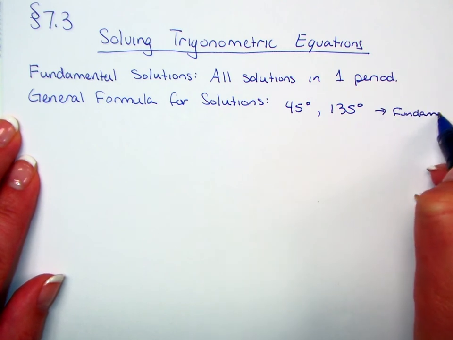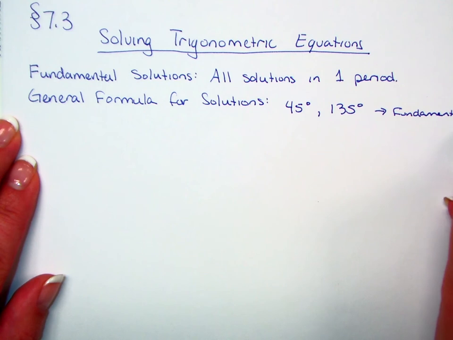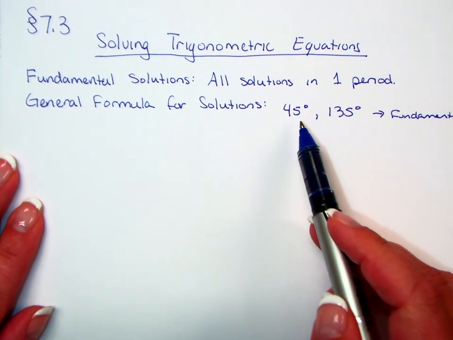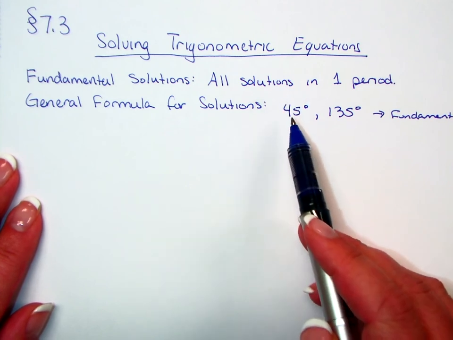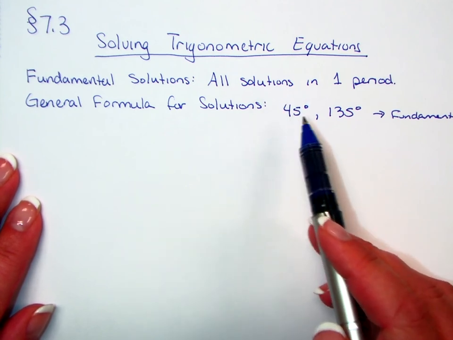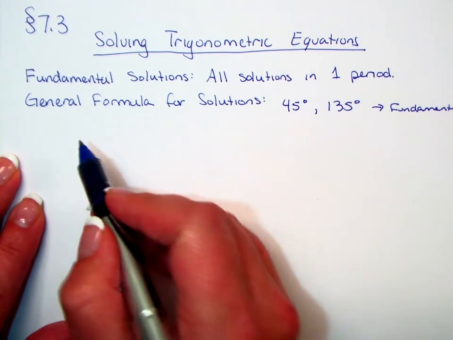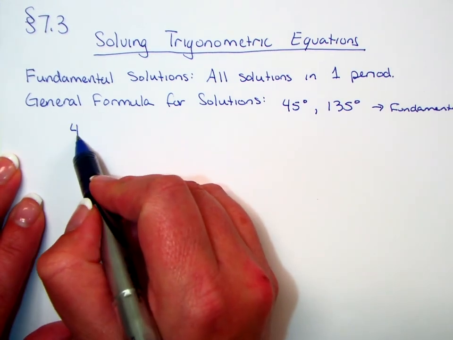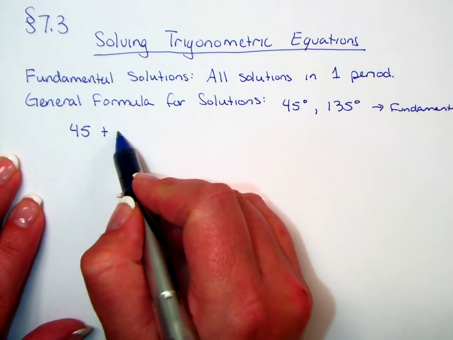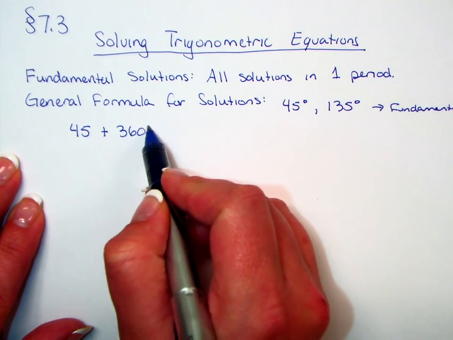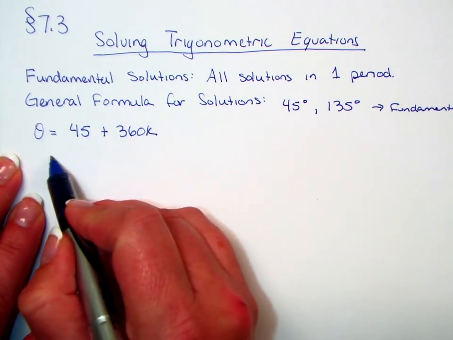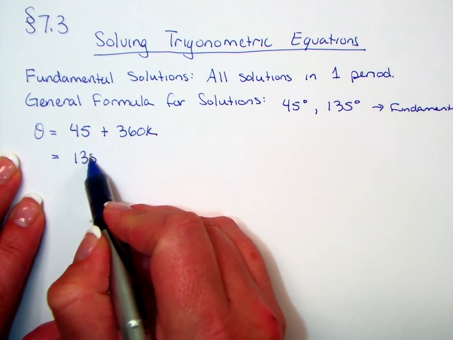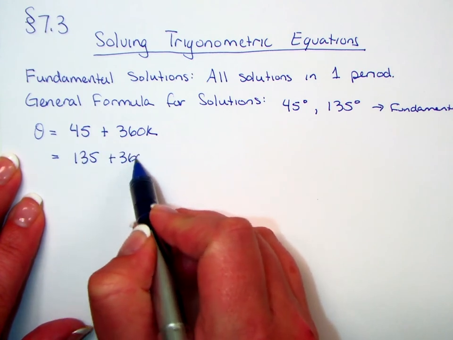If I wanted to write those as a general formula, and say the period for our function was 2 pi or 360 degrees, I'm going to write the general formula as theta equals 45 plus 360k, and theta equals 135 plus 360k.